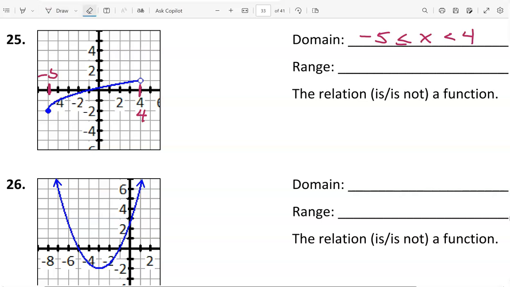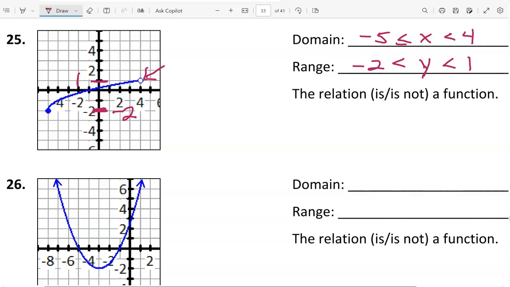Now to find the range. The range is a set of all y values. So I'll start here with our smallest y value, which is -2, and the boundary for the largest y value, which is right here at the top, is +1. So our y values are falling in between -2 and +1. Make sure that you're using the variable y in this inequality.